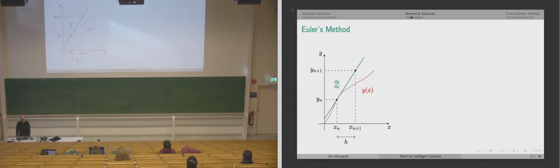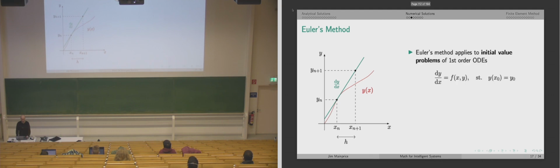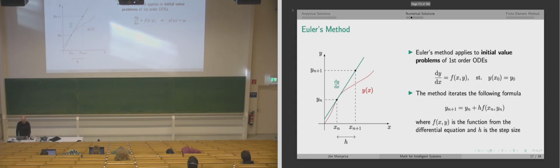So the Euler method is basically something where we have our system, and here we have actually a solution curve, y(x), and the derivative. When applied to initial value problems of first order ODEs like that, remember, the initial value problem means that we have a constraint on what should be the value of the dependent variable for the initial independent variable.